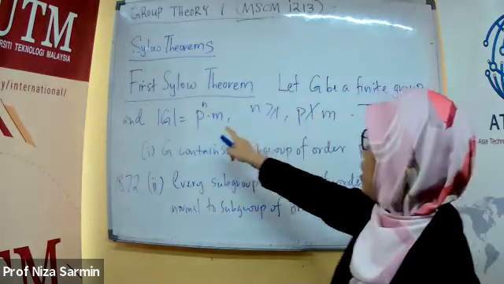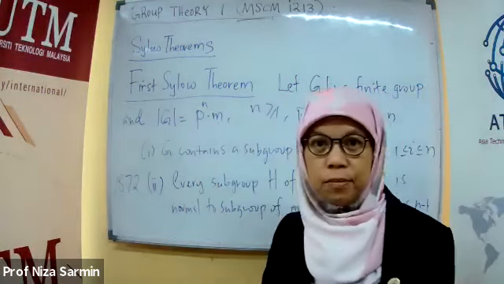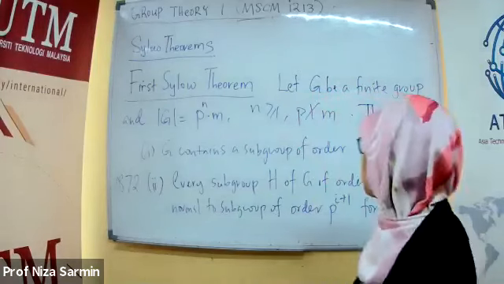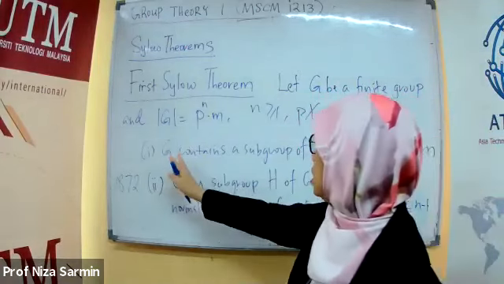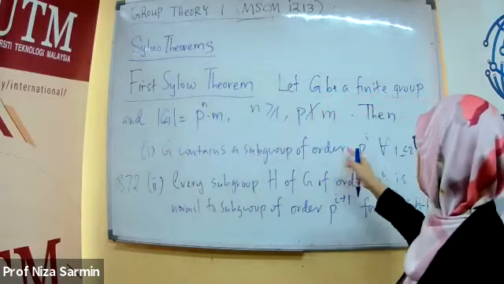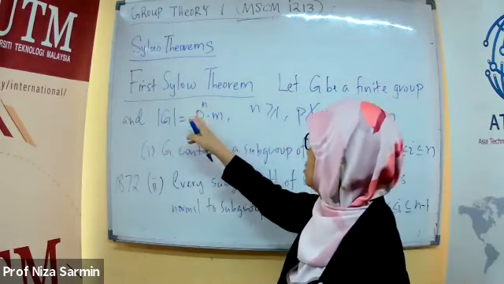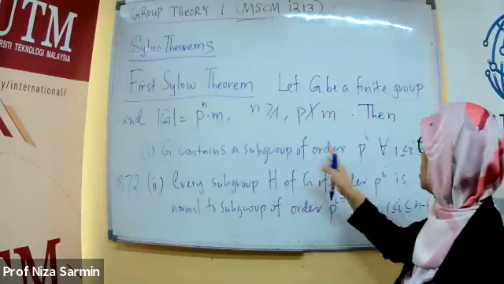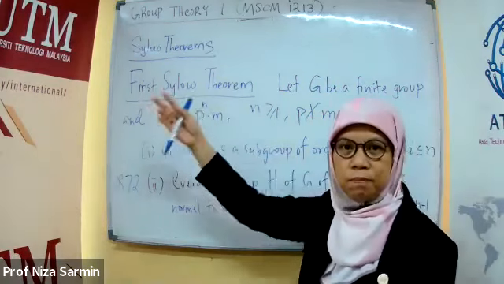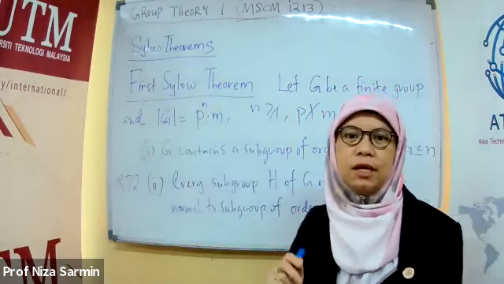This p does not divide m because p is prime. Then G contains a subgroup of order p^i for all i less than or equal to n.